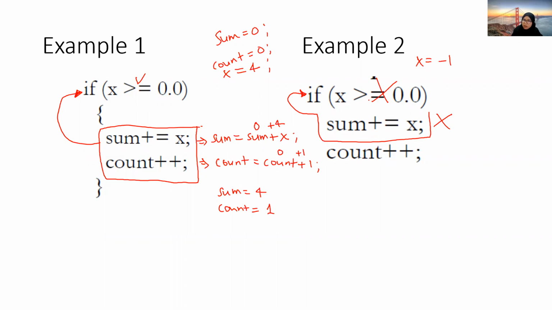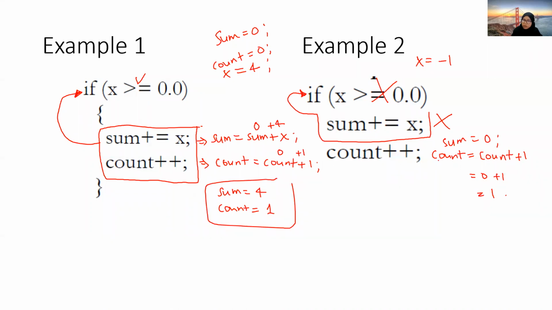Because it does not belong to this condition, it is independent of this if statement, so it will be evaluated. The new count will be 0 plus 1 equals to 1. And the value of sum is still 0, because nothing is done on it, since the condition is wrong.